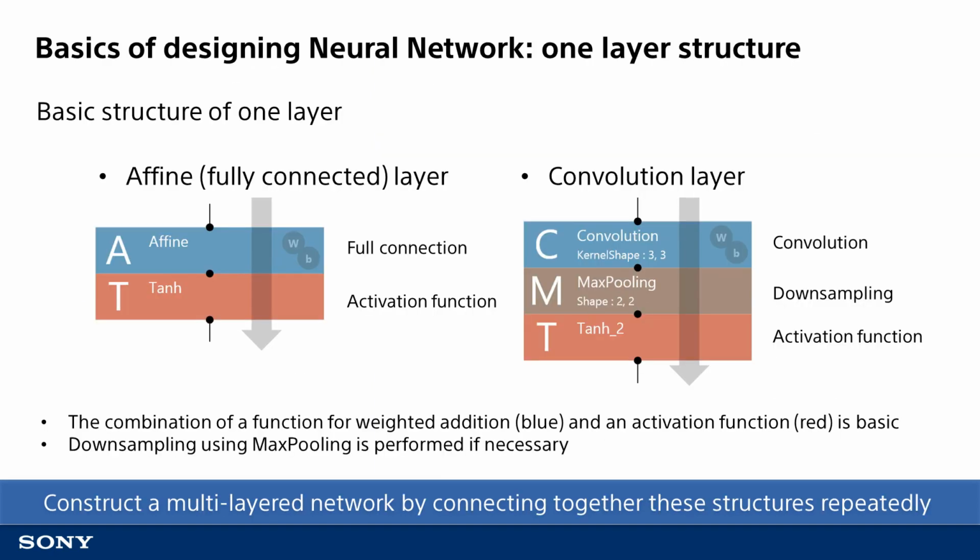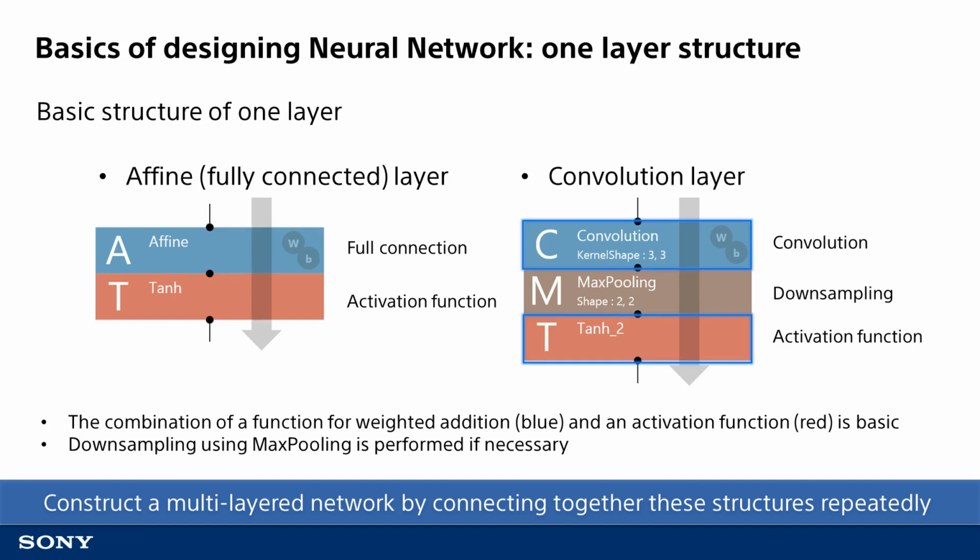Now that we have introduced the deep neural network and convolutional neural network structures, we have seen some functions such as affine, convolution, max pooling, the activation function, and softmax. Basically, however, the neural network is composed by arranging the structure that composes this single layer many times over. When using affine, which is a fully connected layer, affine and the activation function are repeated.